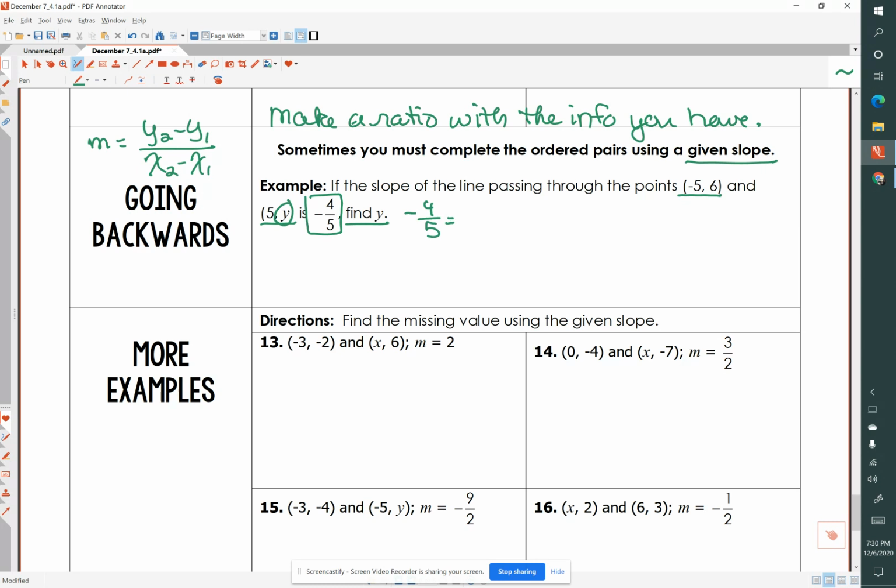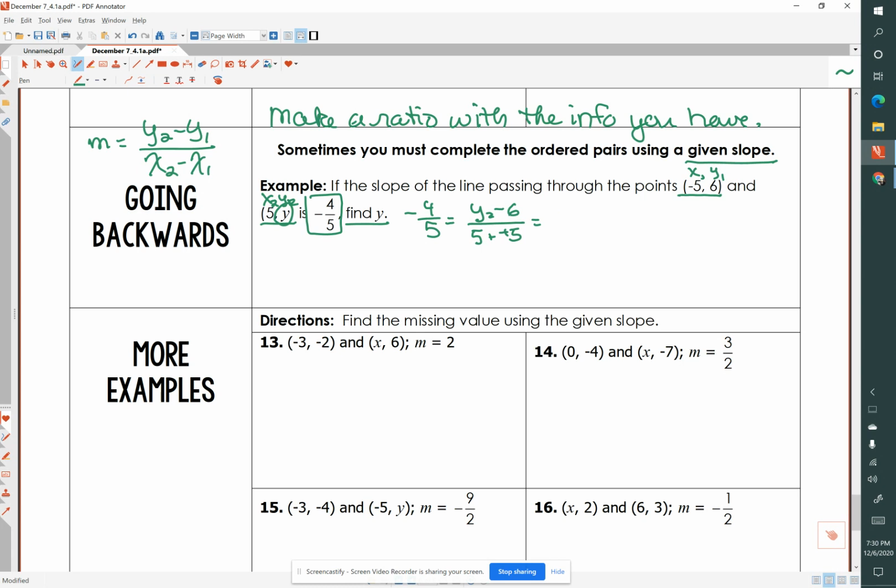Okay, so we don't have a y2. We're going to call this our x1, y1, and we'll call this our x2, y2. So we don't have a y2. So we're going to say y2 minus 6, and then we have our x2 minus x1, so 5 minus negative 5, which will be 5 plus 5.